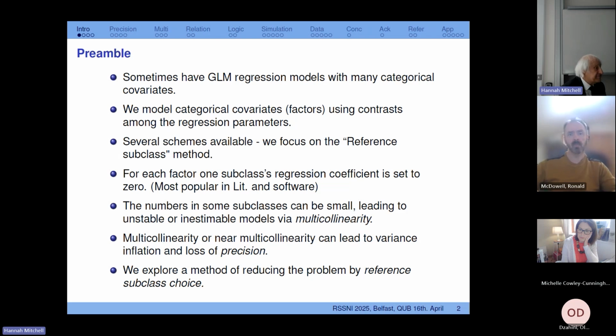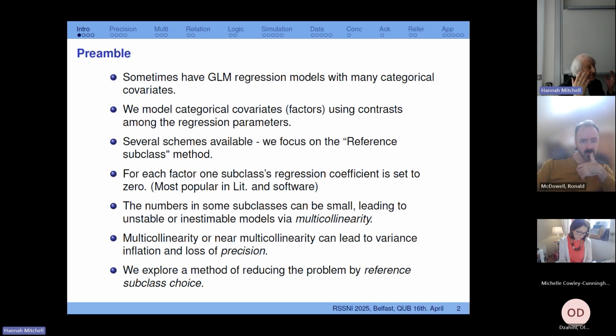And there are several schemes available. You can have David Frith's method, you can have a constant sum method, or you can have the reference subclass method. And that's the method I'm going to talk about today, because that's the method that's most common in the literature. You see it in R, you'll all be familiar with fitting models in R.